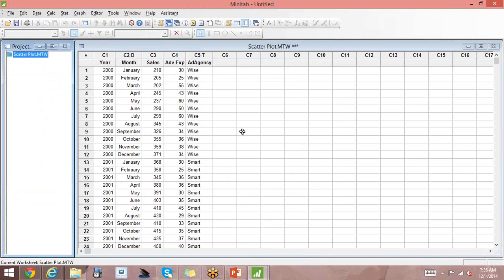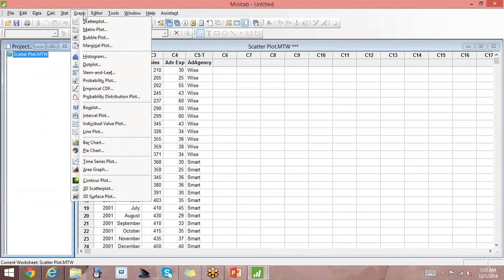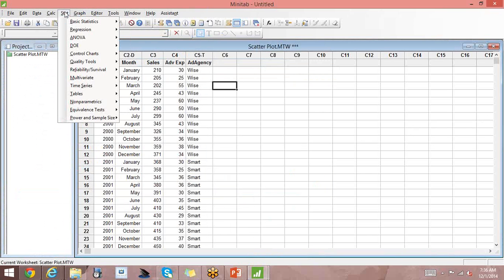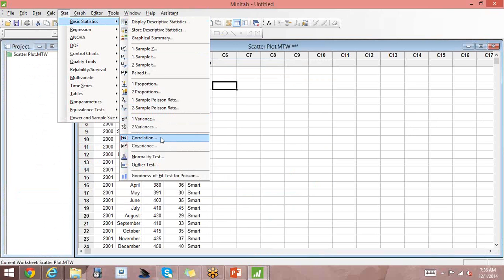This is about the scatter plot. It just gives an indication. I went to Graph and clicked on Scatter Plot. That was the first thing that I did. Next, I go to Stat, Basic Statistics, Correlation.